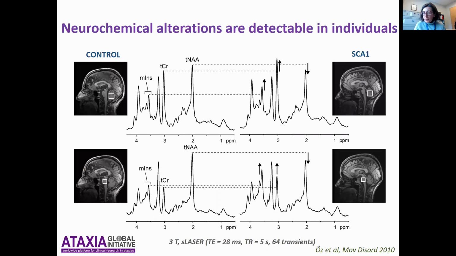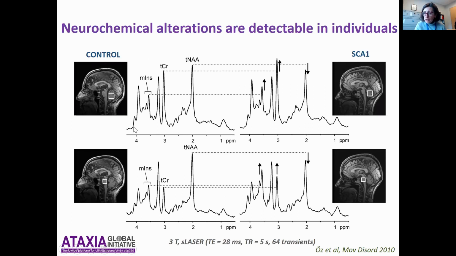And my example here is from SCA1, and I'm showing spectra from individual subjects, one control participant and one participant with SCA1. And I already talked about this peak, the neuronal marker, N-acetyl aspartate, NAA. Just by looking at the data, you can see it is lower in the participant with SCA1 than the control.